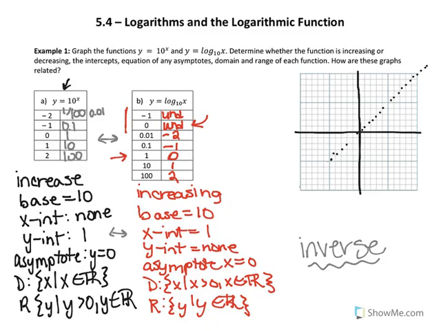Right? Because that's how inverse functions work. So if I plot my points for my exponential function, it looks like this. And for my logarithmic function, it looks like this. So they are definitely inverses of one another.